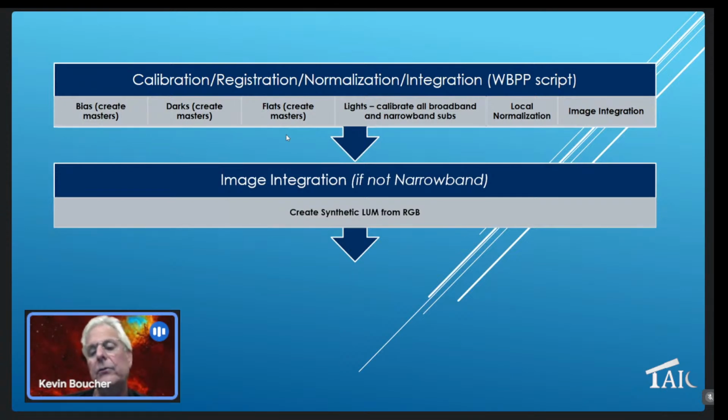I have done that also, but I really do it for creating a synthetic luminance from RGB. I do that for a couple of reasons. Up here in New England, we don't have a ton of great image capture nights, so I don't want to waste any time taking purely luminance frames. I like to use that time to capture more RGB, more narrowband, whatever.